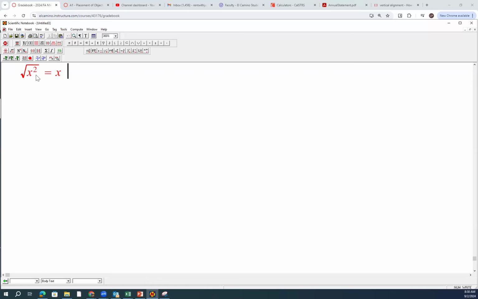Once again, a statement without any explicit specifics about the involved variable means that the statement is true in the domain of the entire statement. All right, so let's look at the domain for this statement.